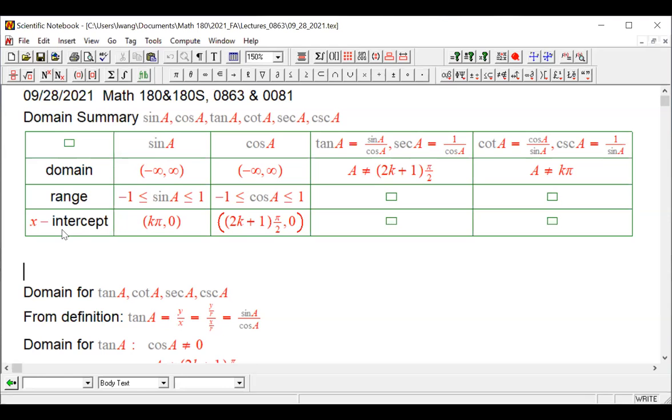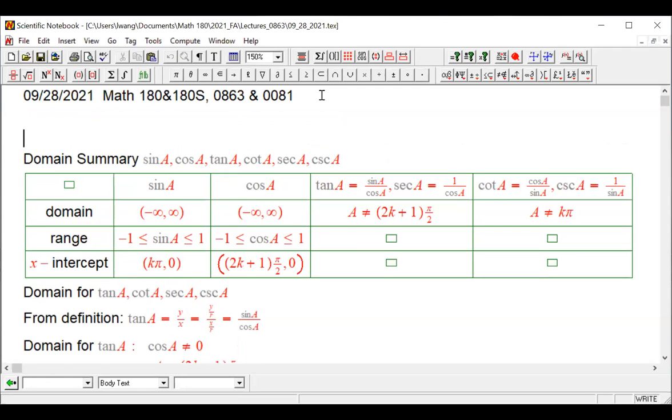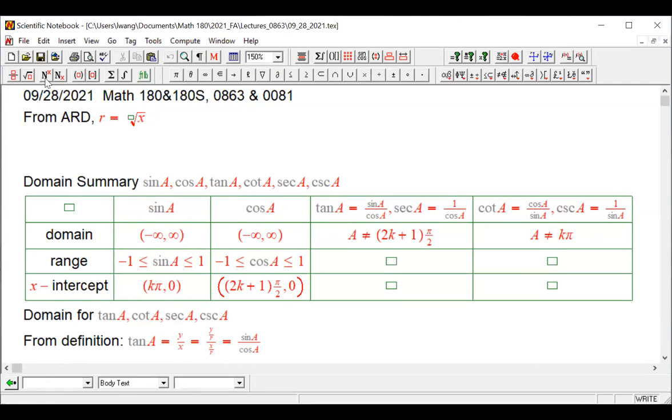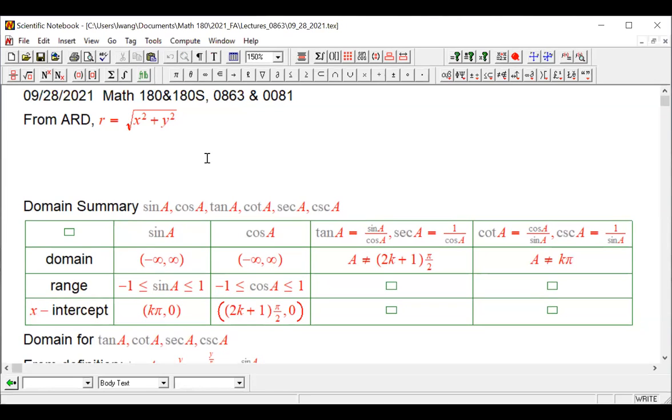From the definition, we have R equals the root of x squared plus y squared. We know that's from the Pythagorean theorem. Then if we square both sides, what do we get?